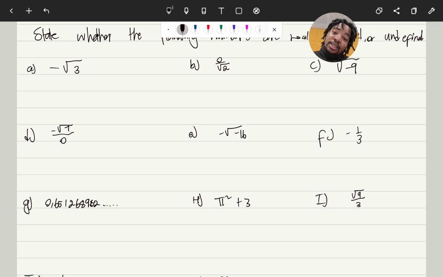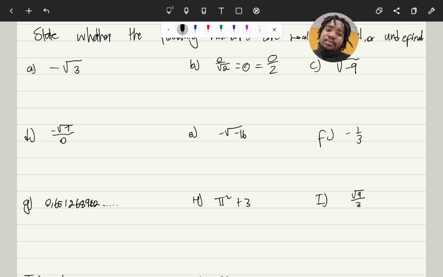So for this one, it is a real number, right? But I am arguing that what we have here is rational, because the answer here is 0, which can also be written as 0 over 2. You see that. So remember, 0 is a whole number. Yes, 0 is a whole number.